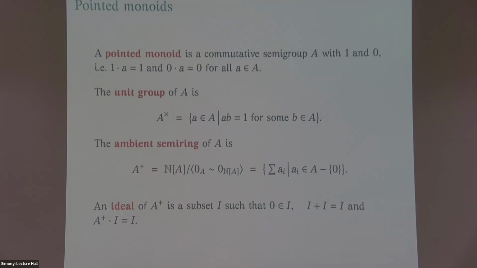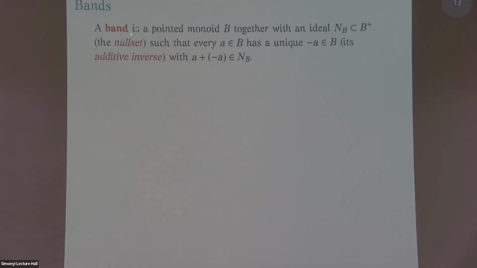So that was just setting the ground, and now comes the definition of a band. A band is a pointed monoid B together with an ideal in the ambient semiring, B+, such that every element a of B has a unique associated element minus a, such that a plus minus a is in this ideal.